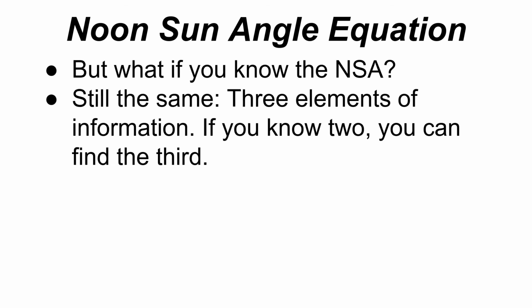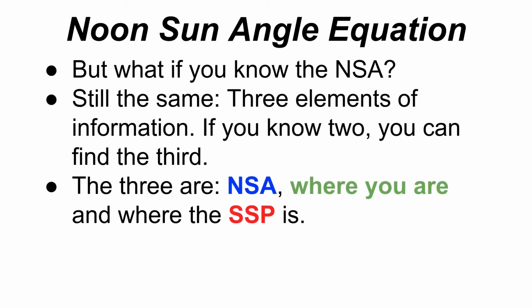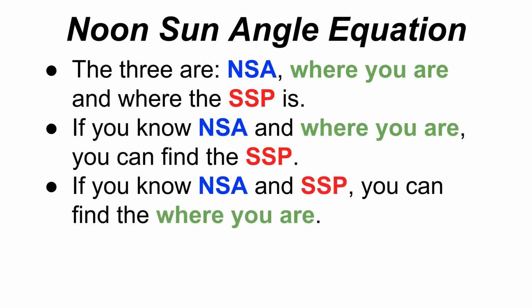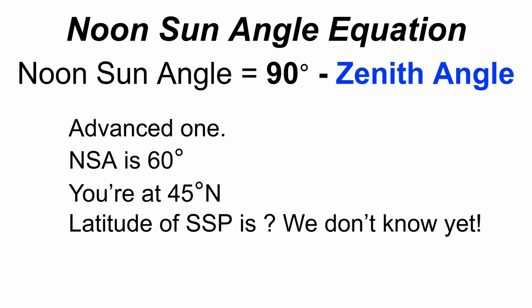How do you know? So there's 3 elements of information. If you know 2, you can find the 3rd. If you know the noon sun angle and where you are, you can find the subsolar point. If you know the noon sun angle and the subsolar point, you can find where you are.